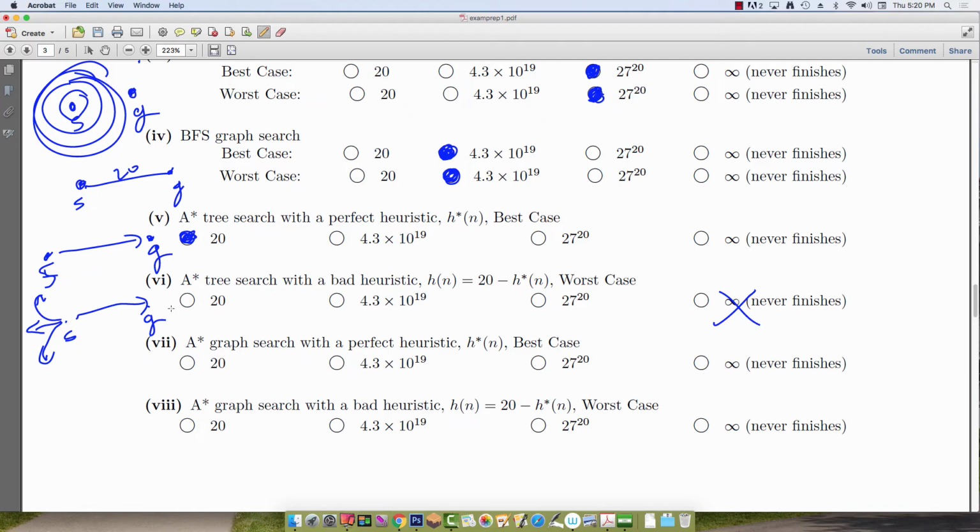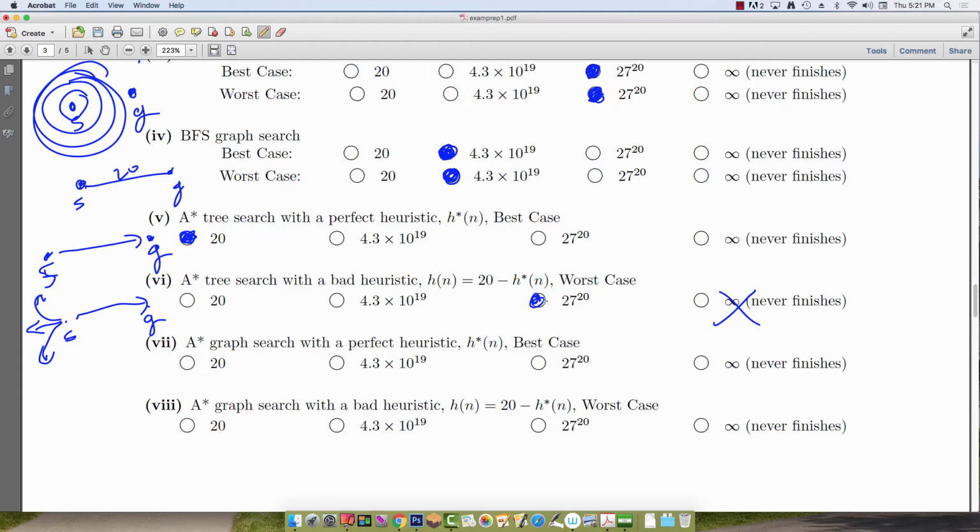However, precisely, it'll have to search very, very far. It'll have to search distances of 20 away before it can even start going to the goal, because the heuristic is 20 minus the optimal, so it'll have to have gotten 20 away from the goal in order to balance out with the nodes that are going towards the goal. I know that's a little bit of a hacky explanation, but the closest thing to that is going to be 27 to the 20.